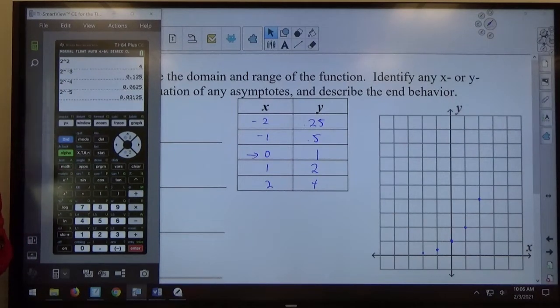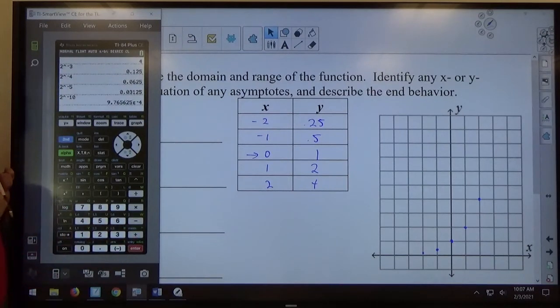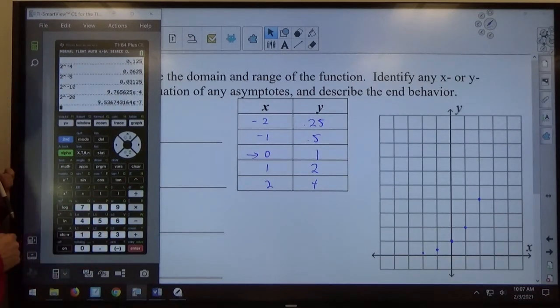Negative powers make a fraction. 1 over 2 to the 5th power, 1 over 2 to the 4th power. So 2 to the -10th power, still positive, 0.0009. 2 to the -20th power, still positive, 0.000009. They're getting closer and closer to 0. They're never going to reach 0. They're never going to be negative.